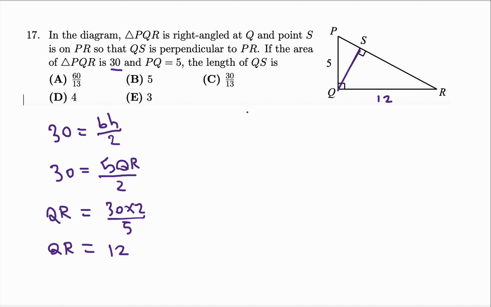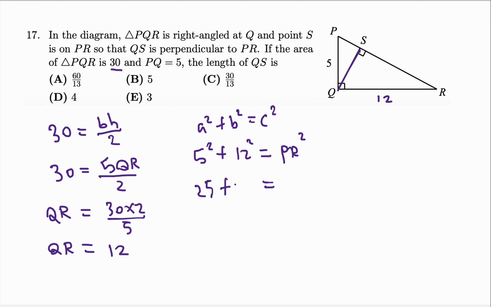So using our a squared plus b squared equals c squared Pythagorean theorem, we can find 5 squared plus 12 squared equals PR squared, which is, if you know the special triangle, you'll know that it's 13, but let's pretend we don't. So 25 plus 144 is equal to PR squared.